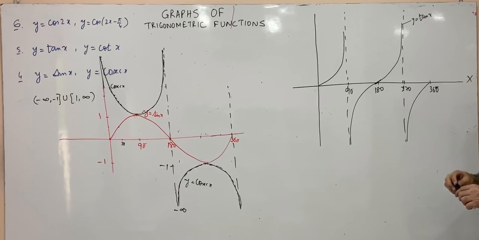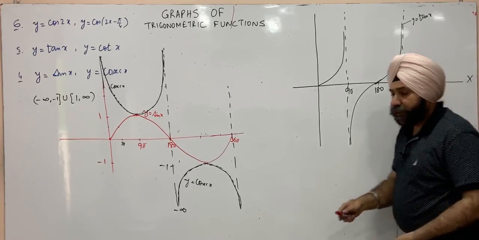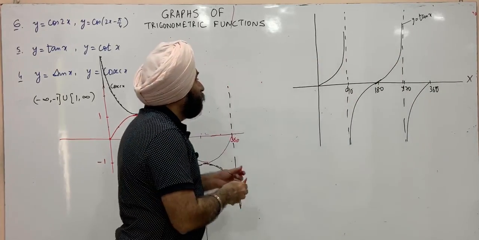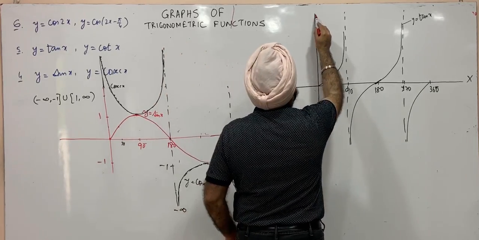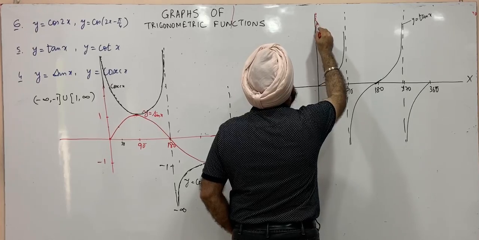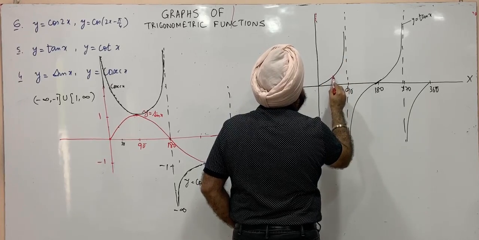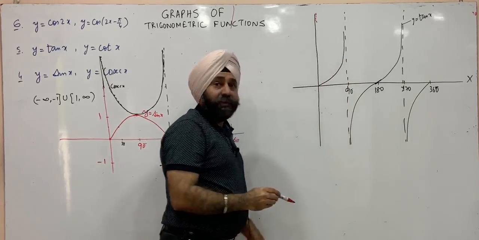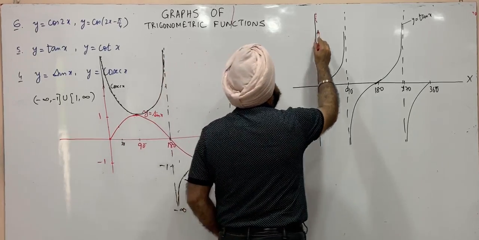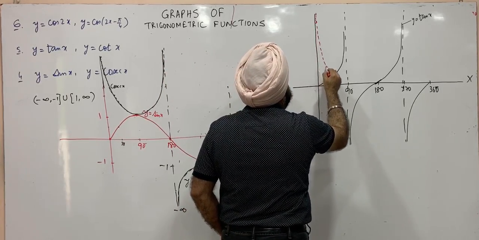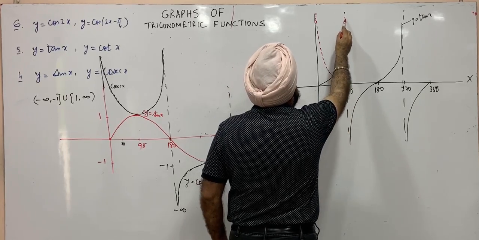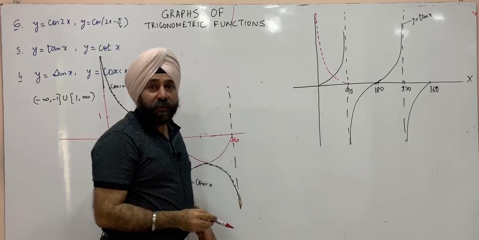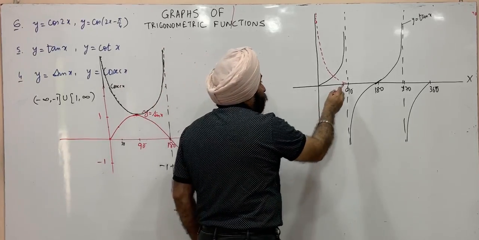Next, we want the graph of cot of x on the same scale. So cot is the reciprocal of tan. At 0, the reciprocal of 0 is infinity. So we start from here. Then this is 45 degrees. Tan 45 is 1. Cot 45 is also 1. So the graphs intersect at this point. Tan 90 is infinity. 1 by infinity is 0. So cot of 90 is 0.